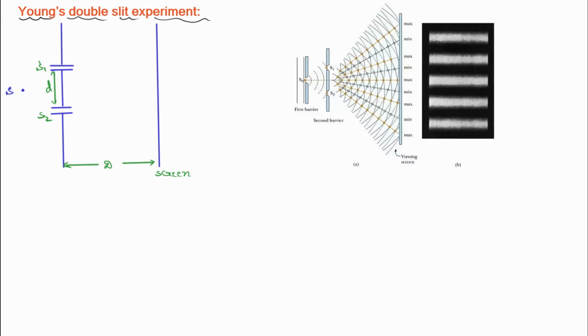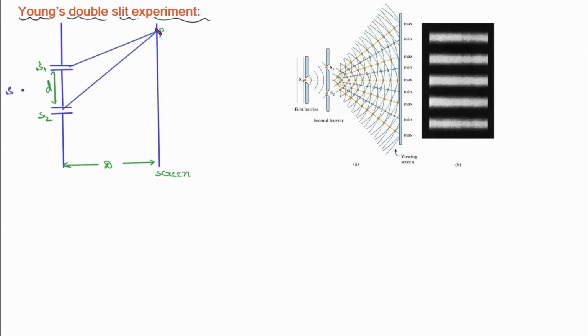Okay, and here interference is taking place. From this point waves are emerging, and from this point also waves are emerging. As you can see at this point, I'll call that point P. At this point P, two waves are superimposing with each other.